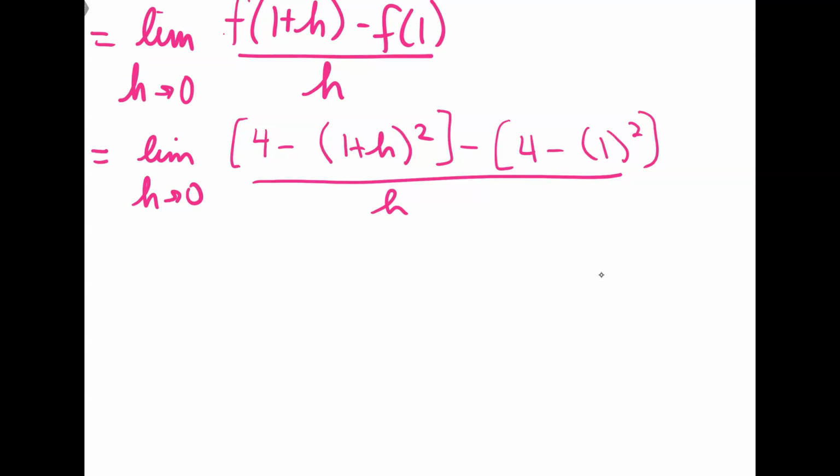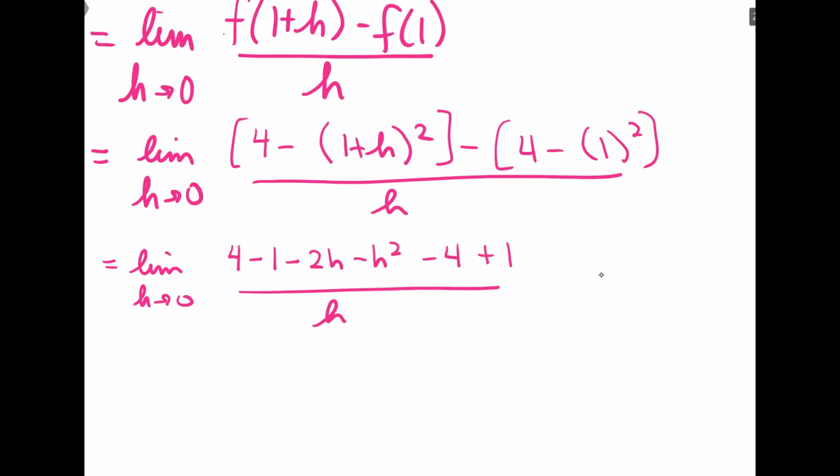I want to make it clear that literally the 1 plus h is what I plugged in for x, and then I made sure I copied over the total equation. Alright, limit as h approaches 0 of 4 minus 1 minus 2h minus h squared minus 4 plus 1, all over h. Okay, so I did skip a couple steps there.